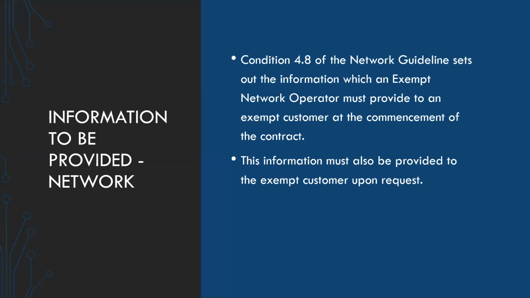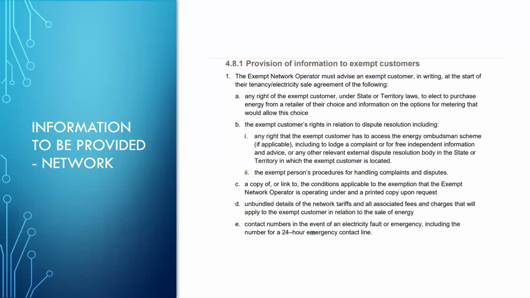So what you need if you're an exempt operator is a standard form information disclosure sheet that we can review for you that complies with the information provision requirements of the retail and network exemption guidelines. And the notification must be in writing. And here on this slide, this is the provision which lists out exactly what it is you have to include.